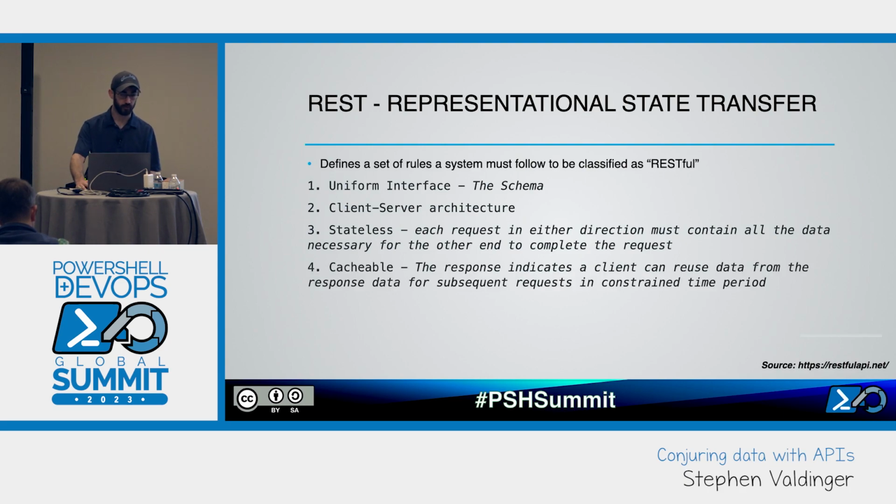And it's also got to be cacheable. Now, this one is a little interesting because servers can implement some server-side stuff to prevent caching from happening, but typically they don't, because in order to be called RESTful, you have to be cacheable.